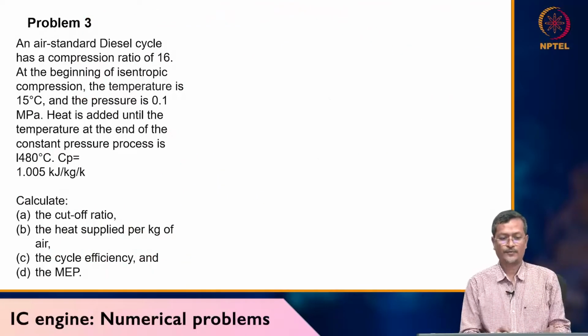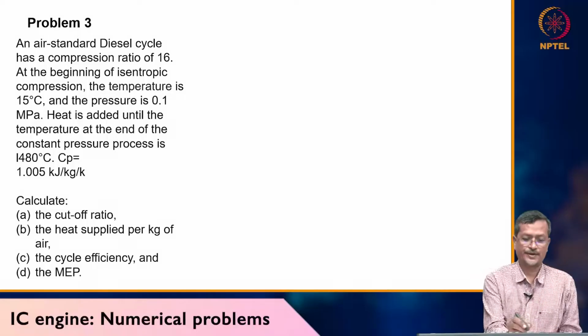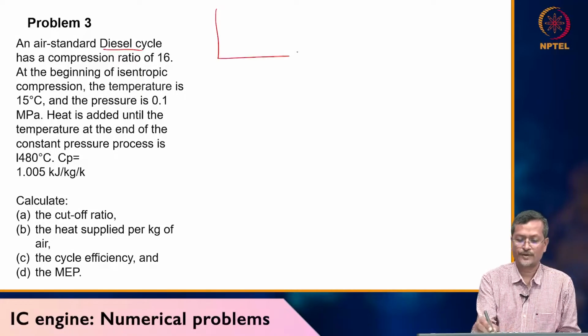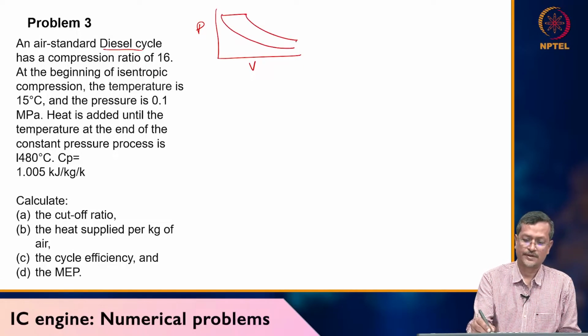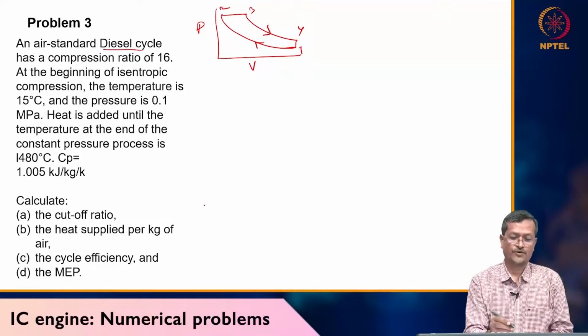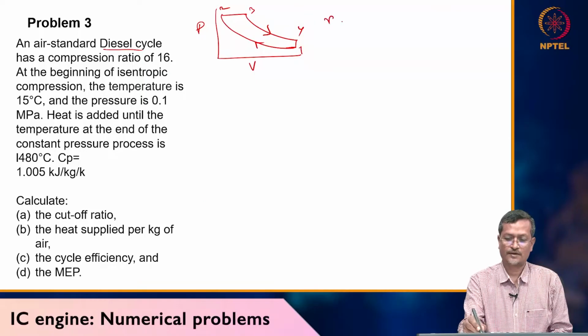Now we'll go to another problem called the diesel cycle. When you are talking about the diesel cycle, first you draw the PV diagram. The heat addition is horizontal, and the other points you connect 1 2 3 4. The air standard diesel cycle has compression ratio 16, so r equals V1 by V2 equals 16.